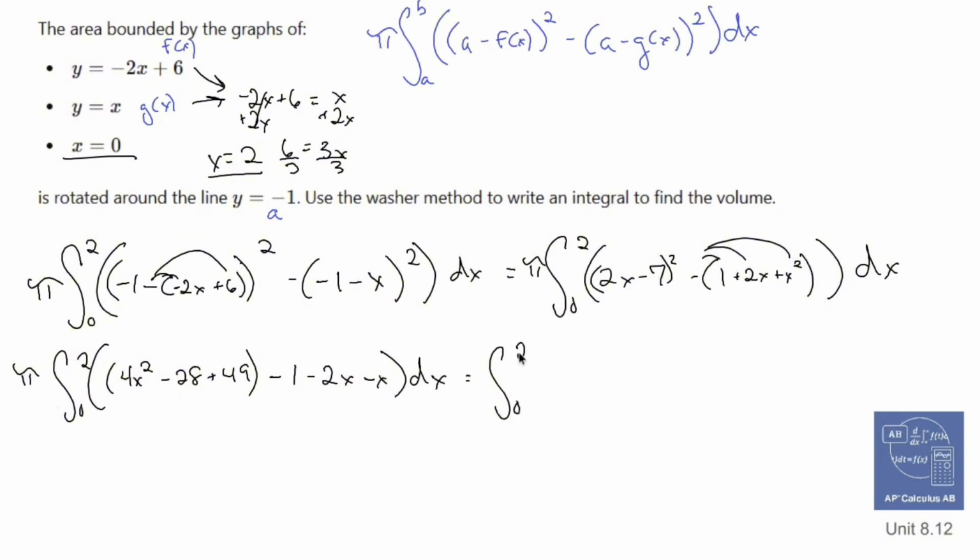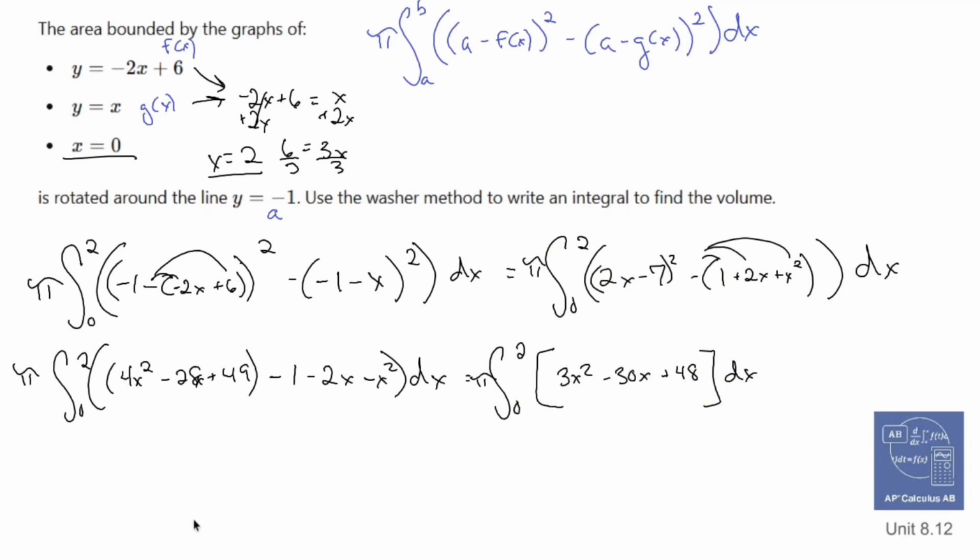So 0 to 2 is still there. Pi is still there. Can't forget that. 4x squared minus x squared is 3x squared. Negative 28x minus 2x is negative 30x. And then 49 minus 1 is 48.